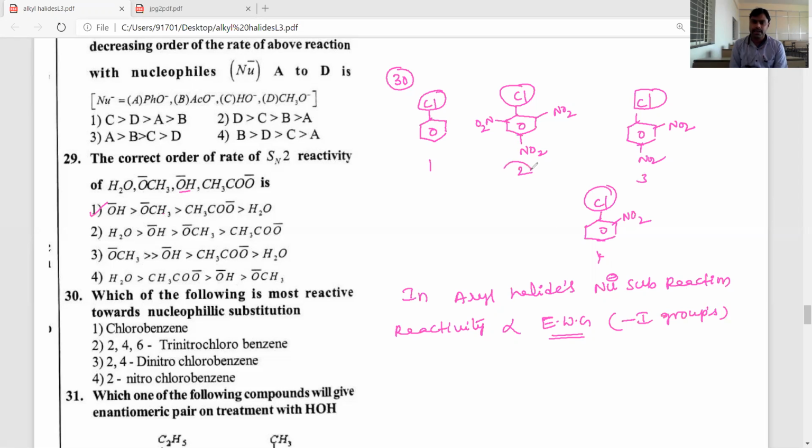That's why the second option is very high, because of the more NO2 groups. These NO2 groups are electron-withdrawing, or minus I groups. Though they only asked which is most reactive, we can also write the correct order: 2 is more than 3, more than 4, more than 1. This kind of question can also be asked. If you know the concept, we can solve these questions very easily. Okay, let's go for the next question.